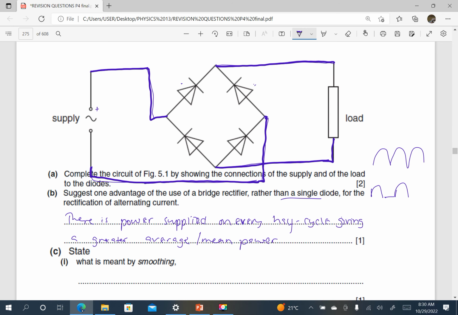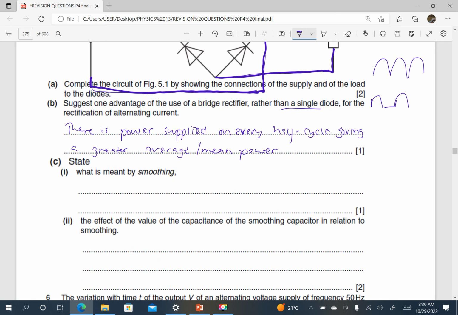Okay. State what is meant by smoothing. By putting a capacitor across the load, we saw that we achieved smaller fluctuations. The voltage would not go directly to zero.